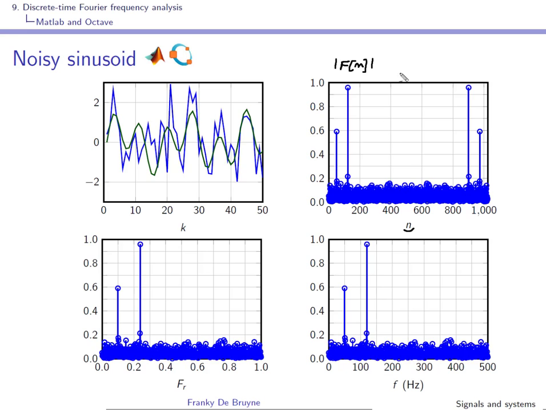So what is done is that only the first n over 2 points are taken, right? And here you see everything with respect to a normalized frequency. This 1 here means that this is the Nyquist frequency. In our case, the Nyquist frequency is fs divided by 2, so it's 1000 divided by 2.